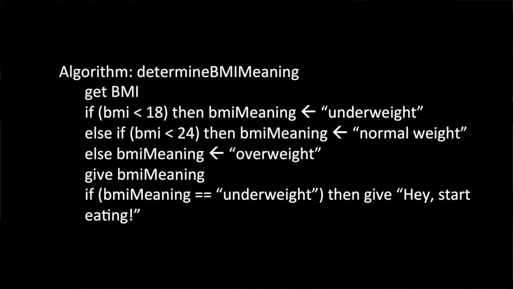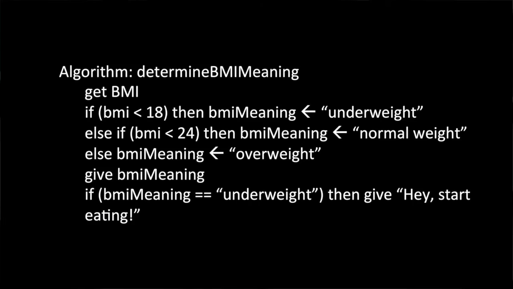So my idea is that following the recommendations of the National Institutes of Health, if the body mass index is less than 18, then a variable called BMI meaning will have as its value a string. That is, it's a set of alphabetic characters that hold the word underweight.